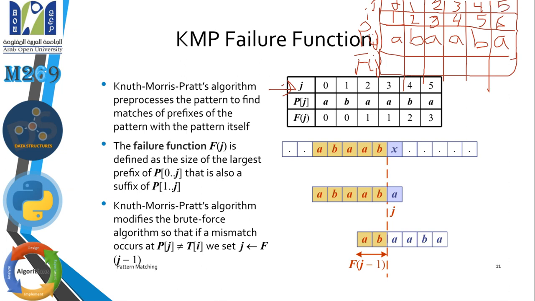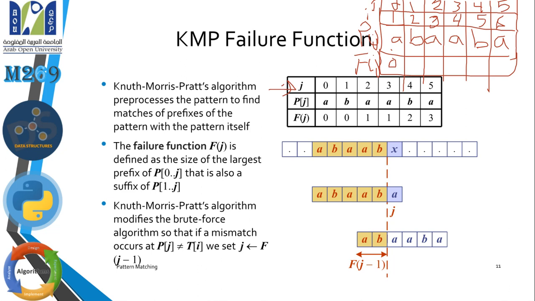Now how to build the function? See the A. Is the A repeated before this position? No. This doesn't appear anywhere. So F of J is 0.